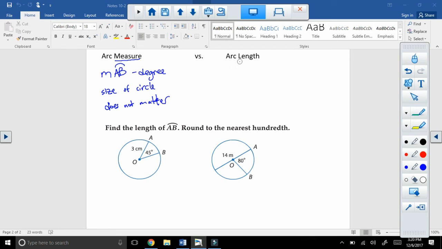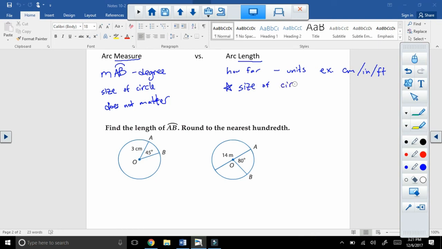When we're talking about arc length, we're talking about how far. So you're going to have some number of units, for example, how many centimeters or how many inches or how many feet, or whatever the units are for that problem. When you're talking about arc length, you have to know how big the circle is.